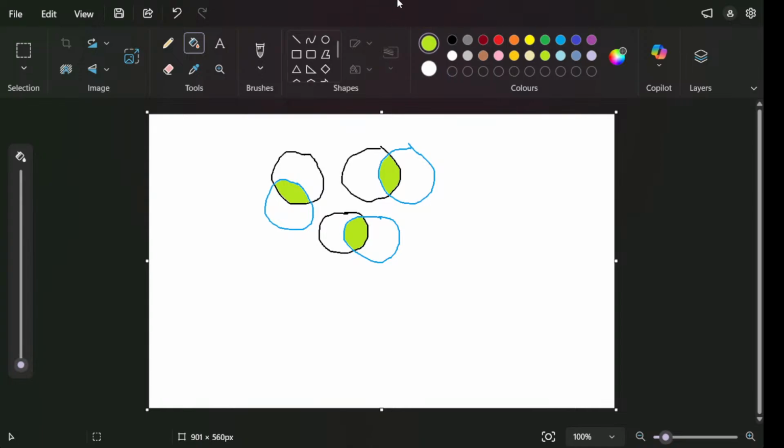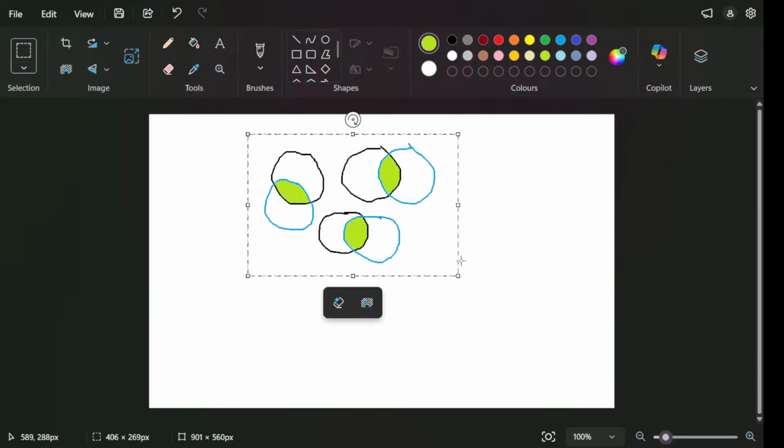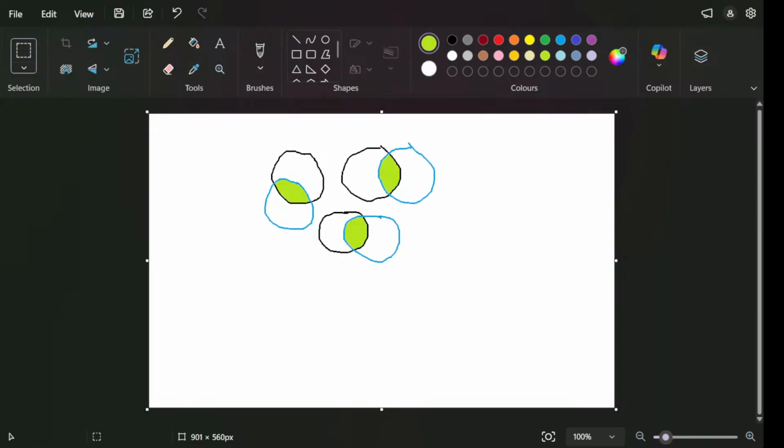Really? I guess. I'm trying to think of more interesting examples. Like what if we had this, but, actually, let's make another.